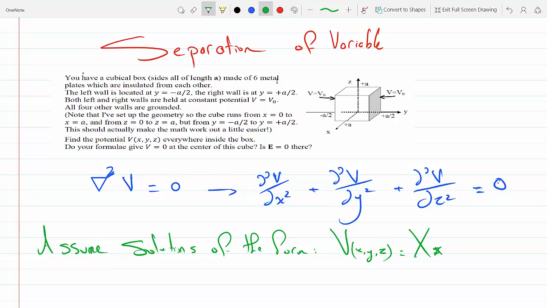Some function of x, call it big X, times some function of y, call it big Y, times some function of z, call it big Z. Alrighty?